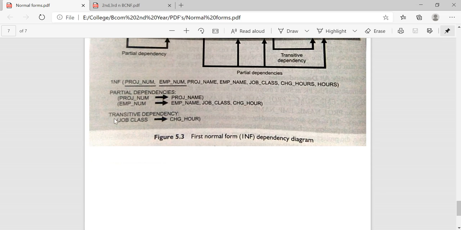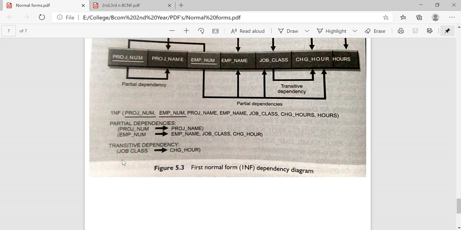So next you are also identifying a transitive dependency here. So charge per hour and job class both are not related to the primary key, but still there exists a dependency. I mean, to find out the charge per hour, you should take the help of job class.